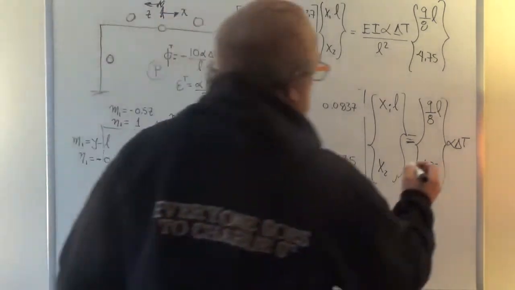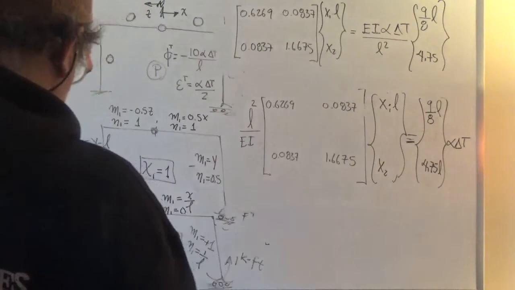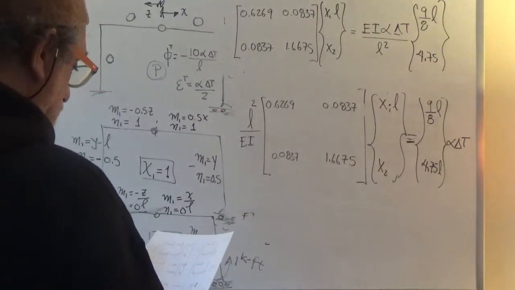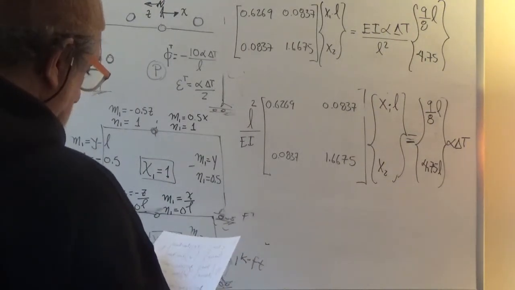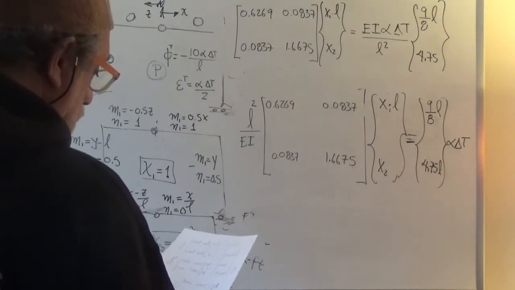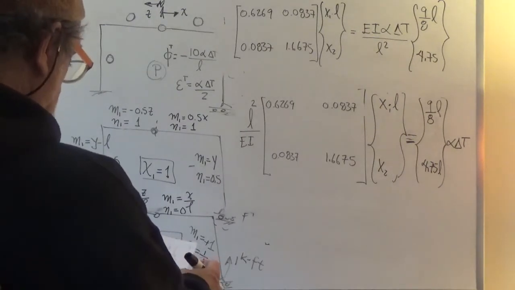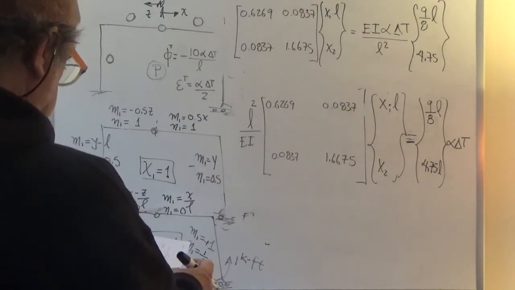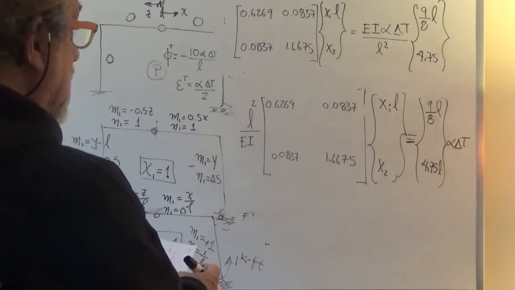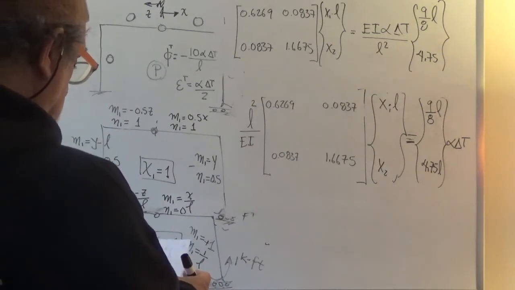This should be times L squared, right? Because I hope, I mean, I erased a little too early, but you can check me on that. Well, wait a minute, times EI over L squared from alpha delta t times L, 4.75 alpha delta t.